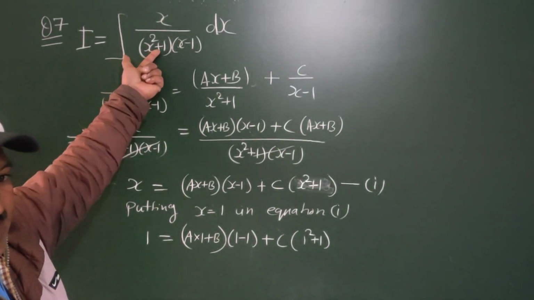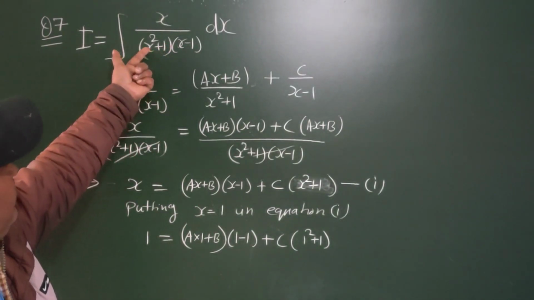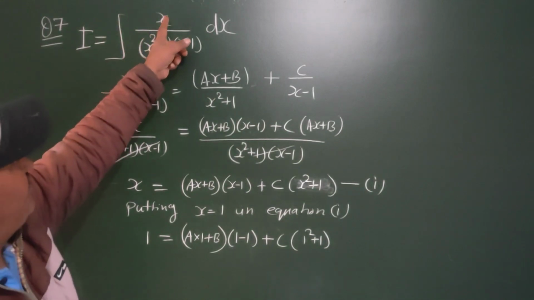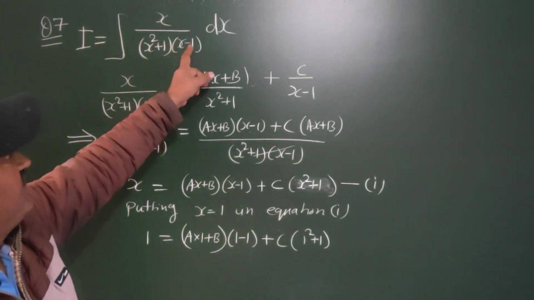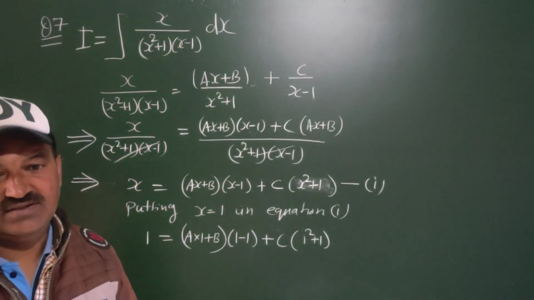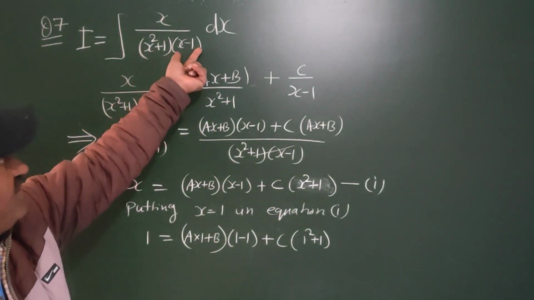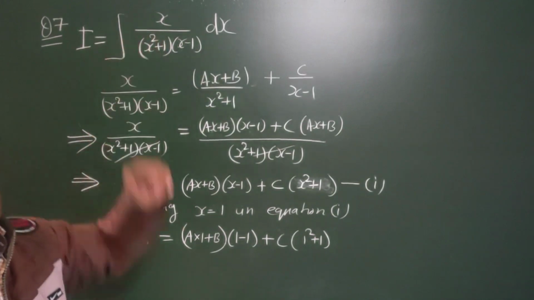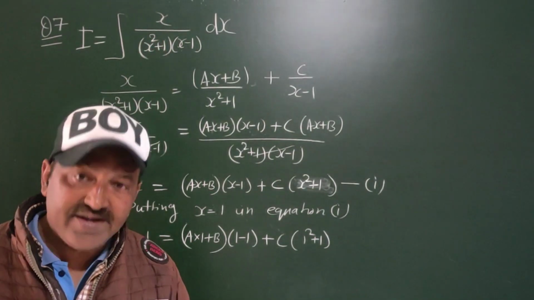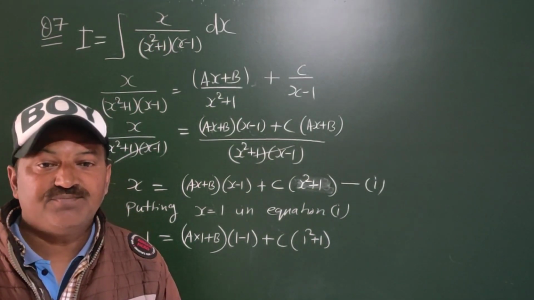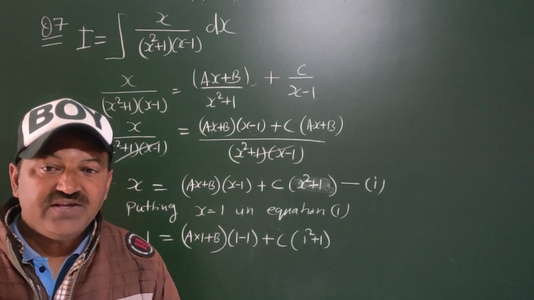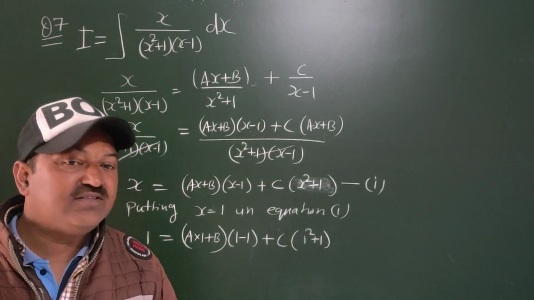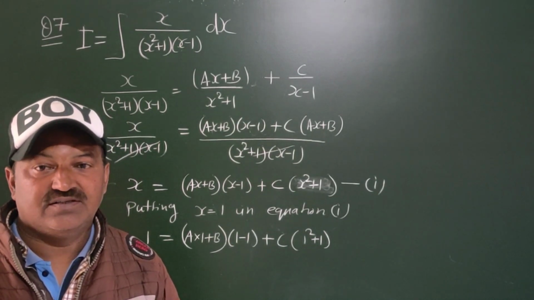Question number 7, exercise 7.4. The question is the integration of x/((x^2 + 1)(x - 1)) dx. Here in this case, one factor is linear at the denominator, but one factor is not linear. It is quadratic, x^2 + 1, and we cannot make the factors of this.